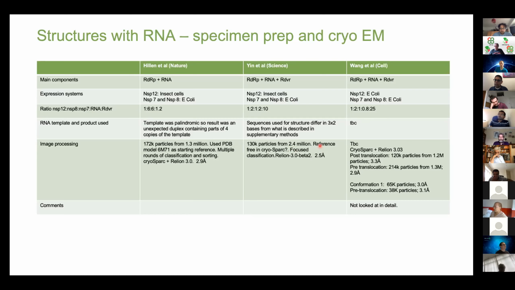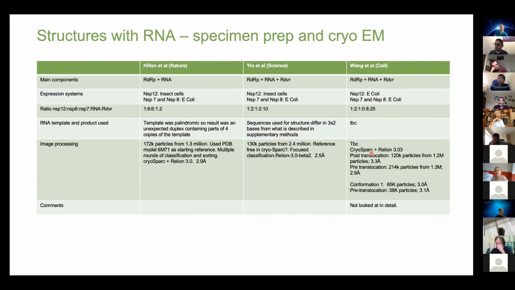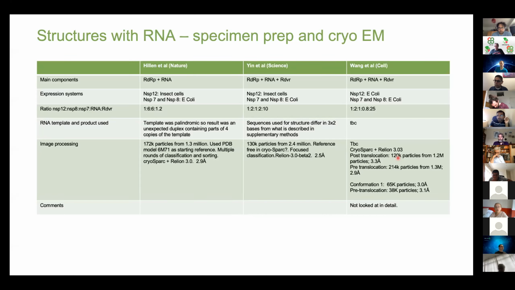But in this case, they don't discuss any reference. They say it's completely reference-free in CryoSPARC, reaching 2.5 angstroms resolution. The Wang et al., I've not gone through completely because there are multiple states and so on here. But again, CryoSPARC and RELION, approximately the same numbers of particles, hundreds of thousands from starting millions.